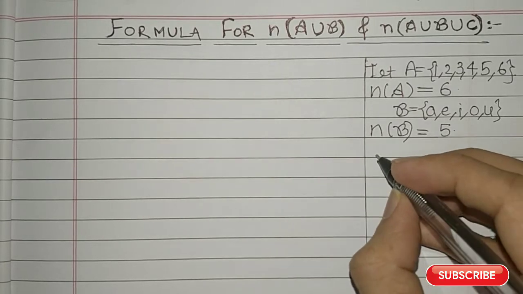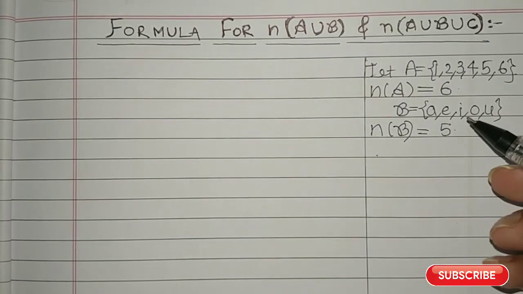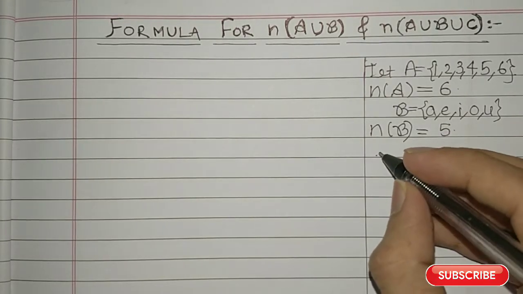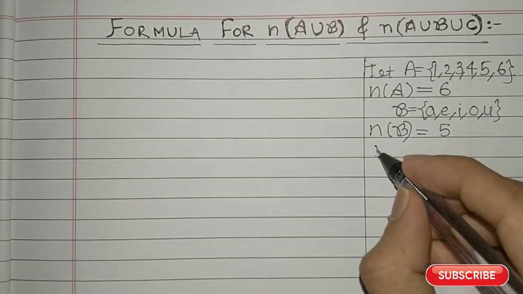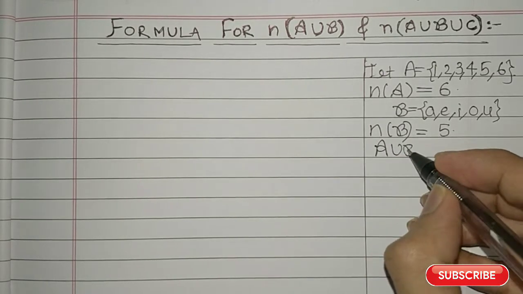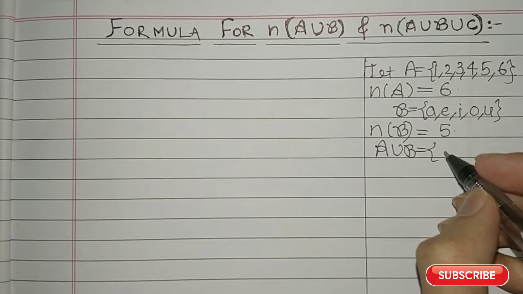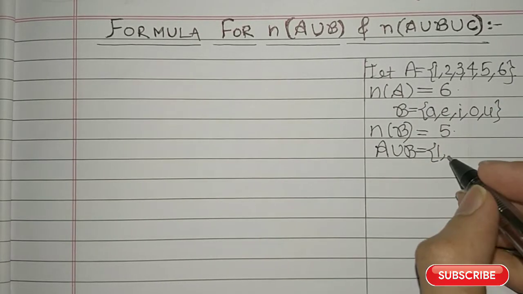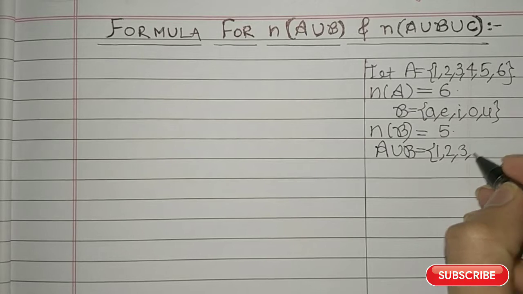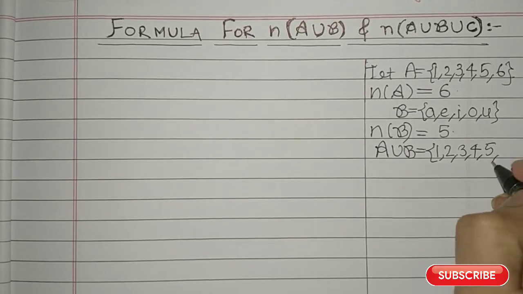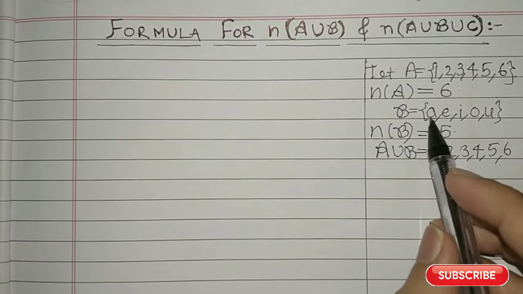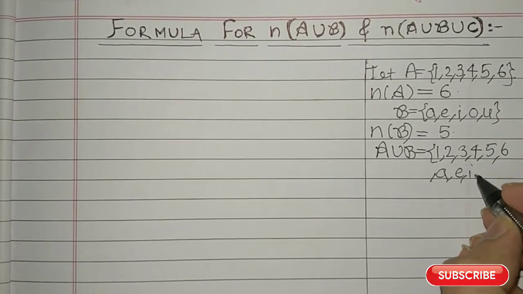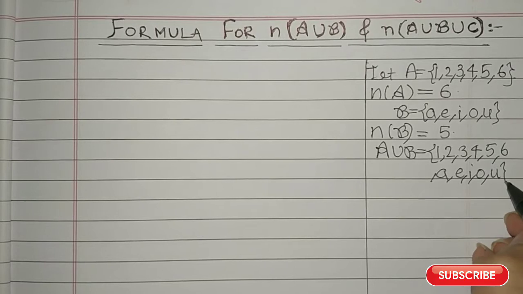Like that you can write the number of elements in any set. Now if you look at the set A union B, that will be all the elements of A, those are 1 2 3 4 5 6, and then all the elements of B, that is a, e, i, o, u.